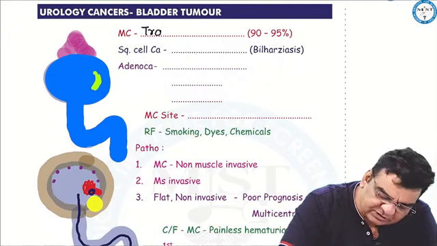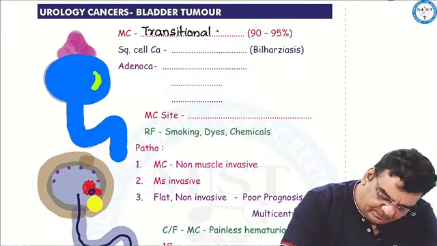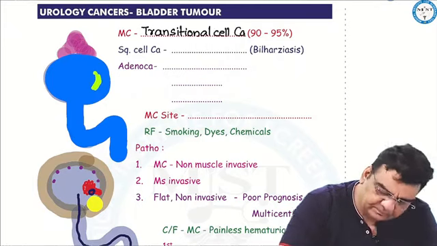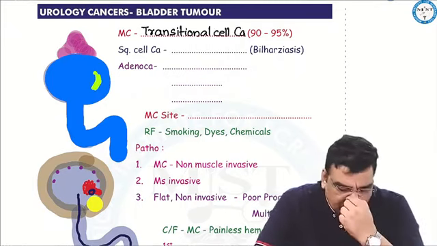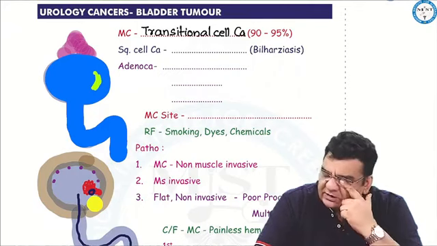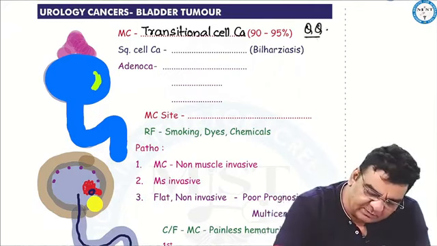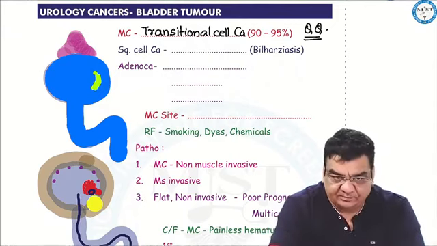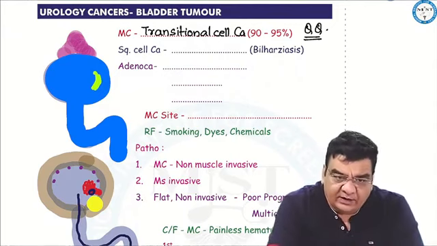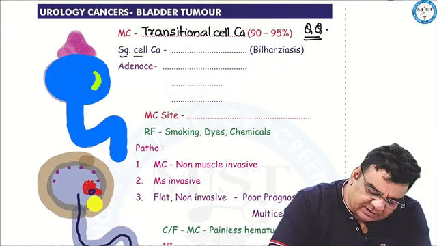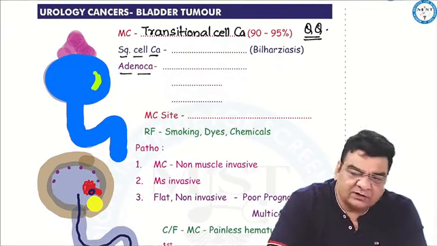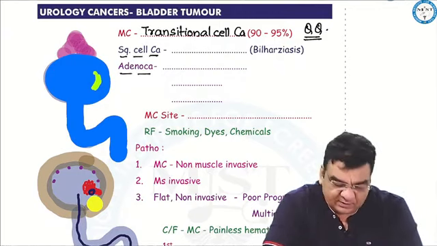Most common is transitional cell carcinoma. 90 to 95% of bladder cancers are transitional cell carcinoma, and this question has been asked multiple times in the exams. Rarely, we can find a squamous cell carcinoma and an adenocarcinoma also in the bladder.